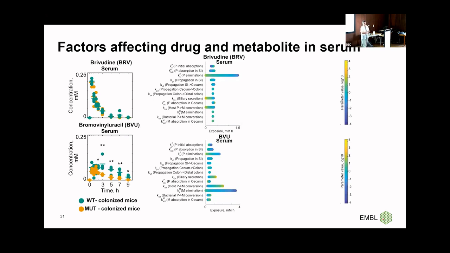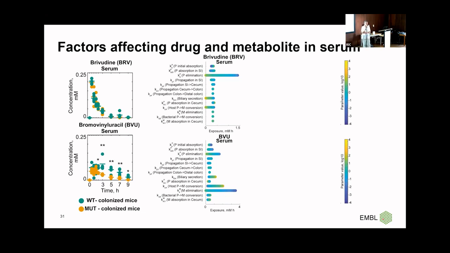So it's around 12, 15 equations that we're using to describe these processes. And it's not much different from the classical pharmacokinetic models that are used to describe drug metabolism in the human or in animal models in, for example, the pharmaceutical industry.